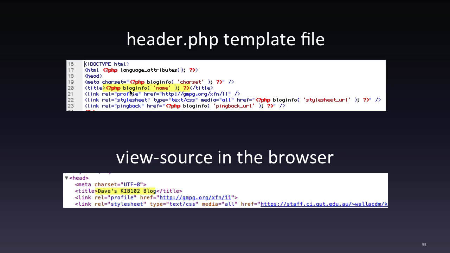This is simply designed to output the name of the blog within a certain part of the HTML, in this case in between the title elements of the head section of the HTML file. And again, I know I keep hammering this point, but it's very important that by the time it gets back to the browser, all it's seeing is the resulting HTML output.